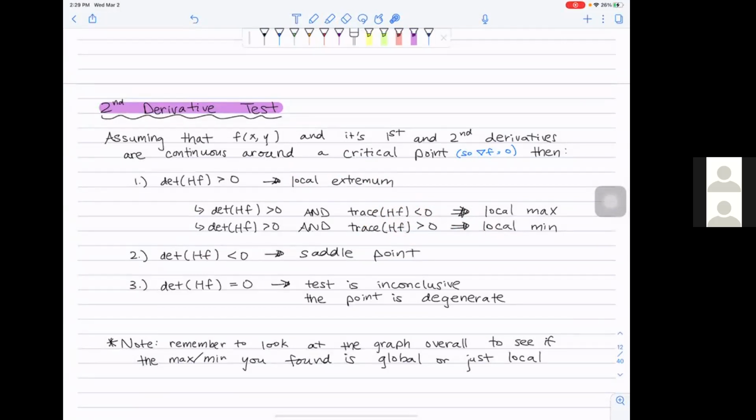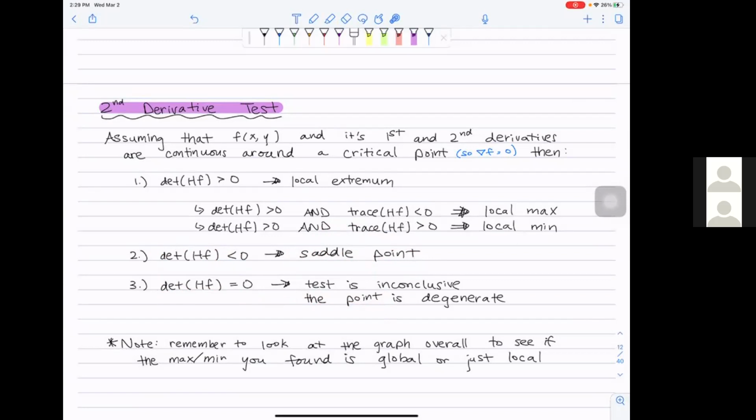Now, if your determinant is less than 0, that's what's called a saddle point. A saddle point is kind of like, in one direction you find a minimum, but going in the other direction, you find a maximum. And if the determinant is 0, your test is inconclusive, and that point is degenerate.